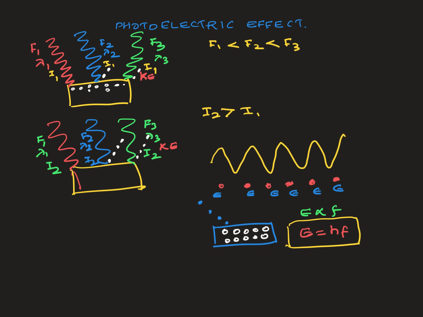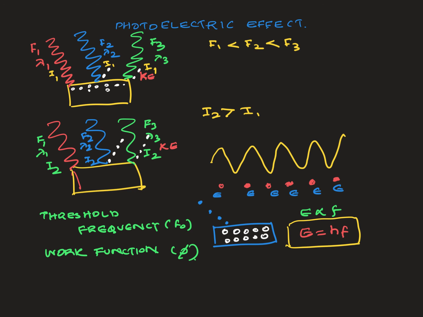So this one will help this one to get out, and this one will help this one to get out, one by one, and that's the way it works. That's the reason that for the same frequency, if we increase the intensity, we will have more photons, which means more electrons will be emitted. But they all will have the same kinetic energy. That means the energy depends only on the frequency.